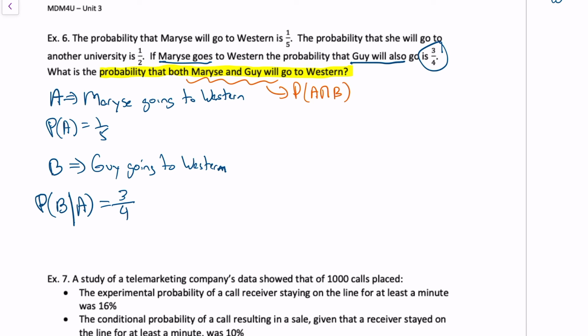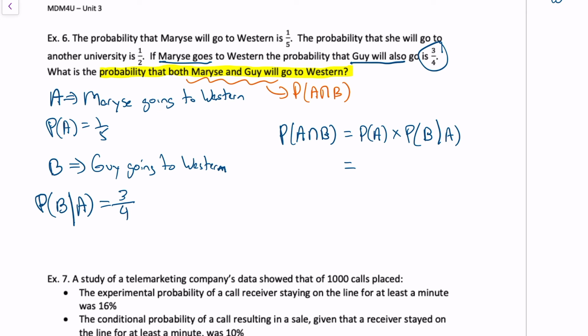So relying on the formula, the probability of A and B is equal to the probability of A times the probability of B given A. And often with these questions, it's almost always going to be that you divide or you multiply. If you know what you're looking for is A and B, you're going to be multiplying. If you know that you're looking for B given A, you know you're going to be dividing. You just have to figure out which one.